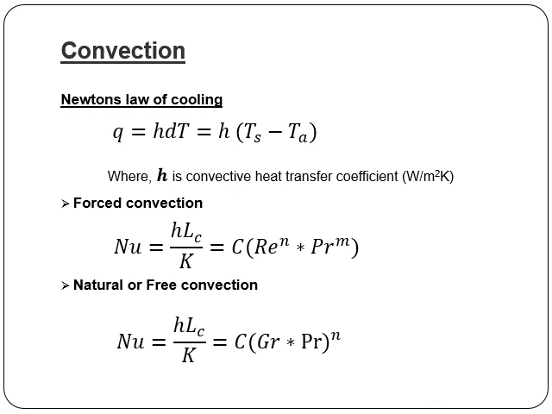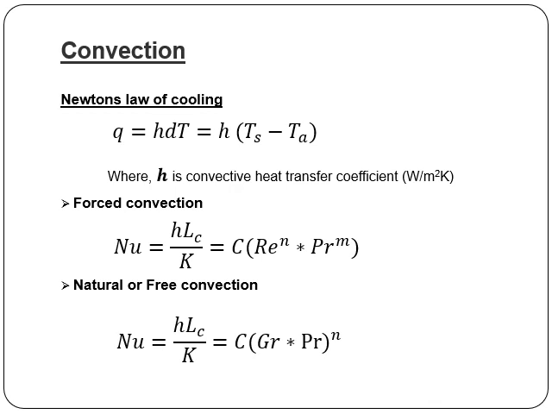So we have a basic law, or the governing law for convection, which is Newton's law of cooling, which is given by heat flux equal to h into delta T. And this can also be written as h, which is heat transfer coefficient. It is also called the convective heat transfer coefficient, which is given in watt per meter square Kelvin. So heat transfer coefficient into surface temperature minus ambient temperature or surrounding temperature.